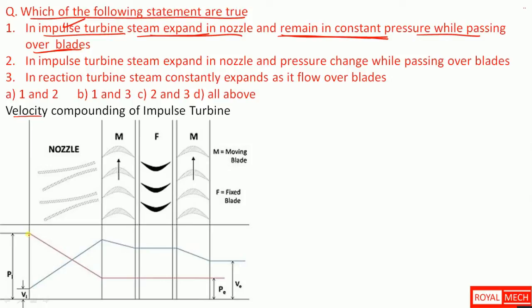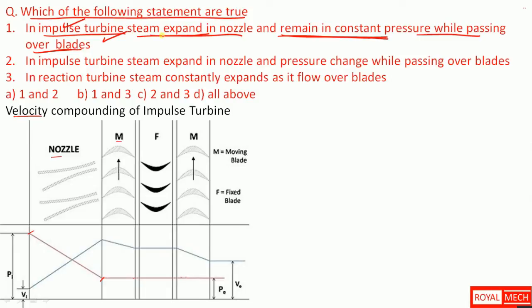The statement is about the impulse turbine. When we see the velocity compounding of the impulse turbine, as per the statement, steam expands in the nozzle, this is the nozzle, and remains at constant pressure while passing over the blades, that you can see here. It remains at constant pressure while moving over the blades. So statement 1 is correct.